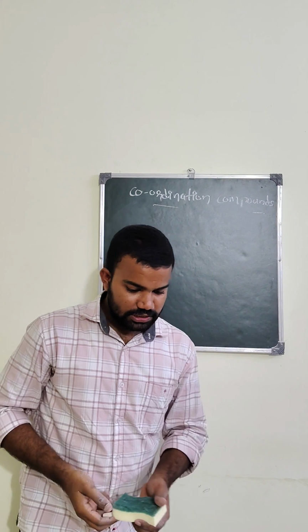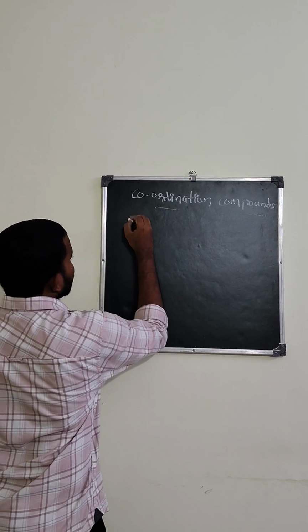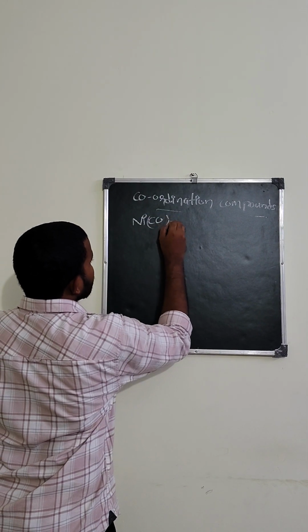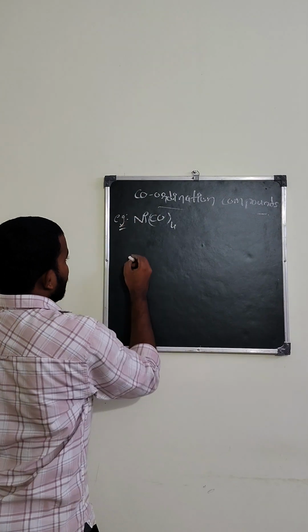So the first question is: the geometry and magnetic behavior of Ni(CO)4. This is the example which I can take.